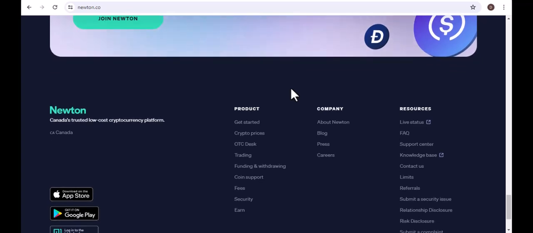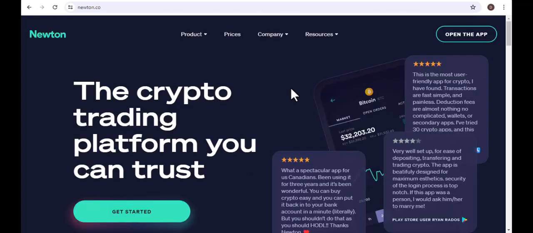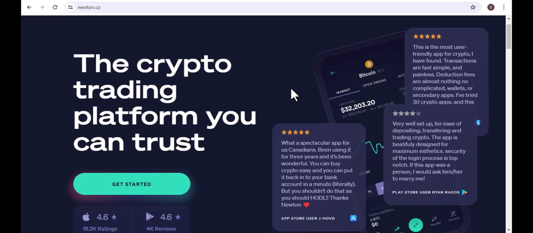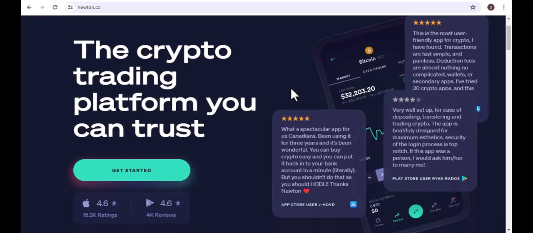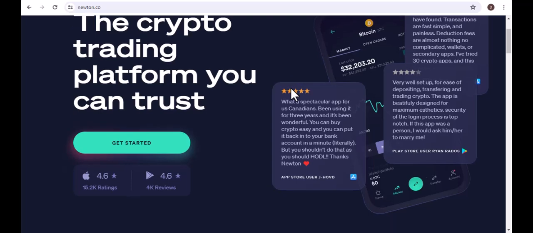Newton will typically provide you with the recommended address format for receiving Bitcoin on their platform. Similarly, other cryptocurrencies like Ethereum also have their own address formats, typically starting with 0x followed by a string of hexadecimal characters. It's vital to always ensure that the address you provide to someone matches the specific cryptocurrency they are sending and is compatible with their sending wallet.